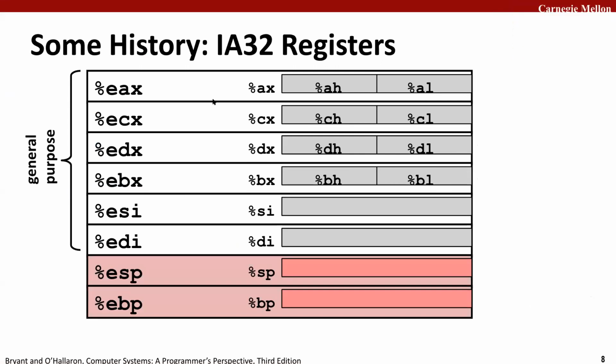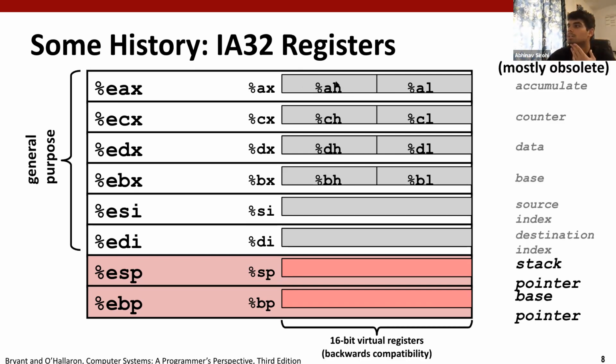In EAX, there's further decomposition where you can also access AX, which is half of that, so 2 bytes. Then you can access individual bytes if you wanted to, using these codes.